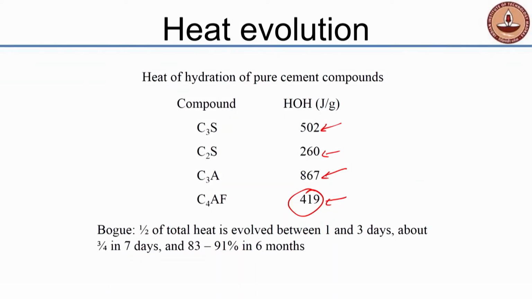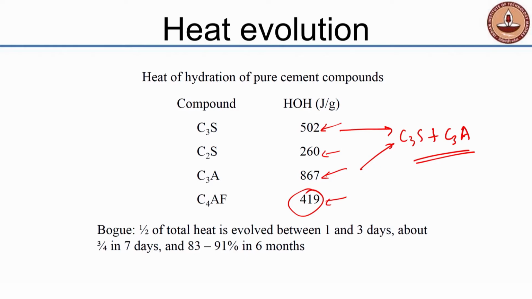So, the extent of heat that is coming from C4AF may not be significant enough to contribute much to the temperature rise in concrete. So, primarily concrete temperature rise, at least in the early ages, especially when we are talking about the first day, first 3 days, first 7 days, is essentially being contributed by the C3A and the C3S. So, the initial heat rise in the concrete is getting contributed by C3S and C3A.